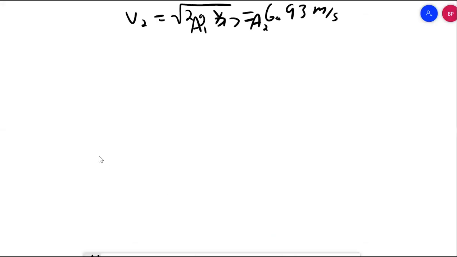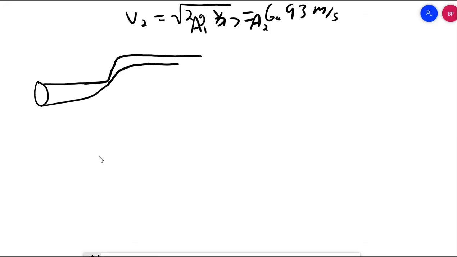All right, so we have a pipe. Let's draw it. So it starts off low, and it travels up some distance, and it also narrows. I did a bad job of drawing that, but I think you get the idea. So the pressure here is 2.25 times 10 to the 5th pascals.